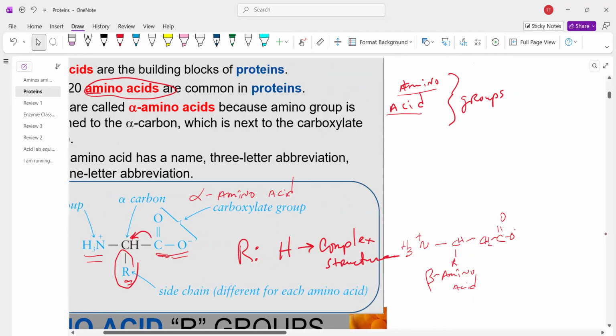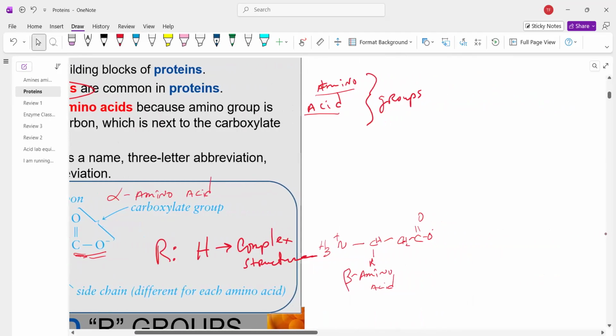All of you have probably heard of GABA, so the G stands for gamma. And so it would have three carbons between the amino group and the acidic end.